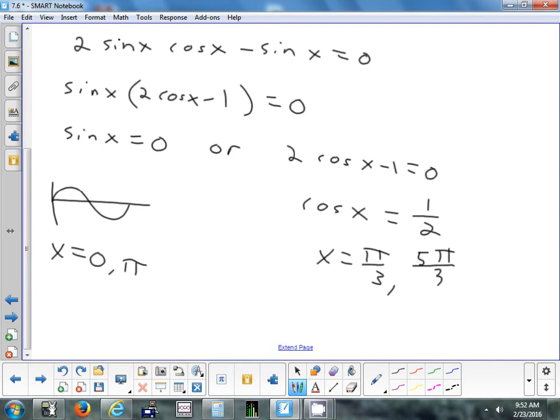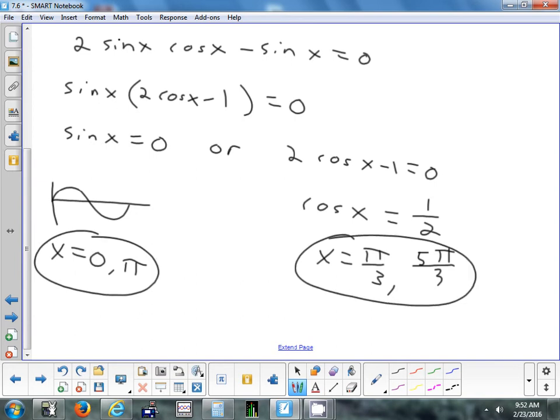How about, is 0 between 0 and 2 pi? Yeah. Pi is. That's 60, that one is. And that's 300. They're all between 0 and 360. So all of these are. If it wasn't, I'd cross it out. Just put a line through it.